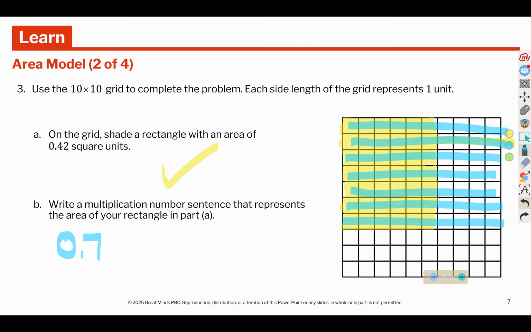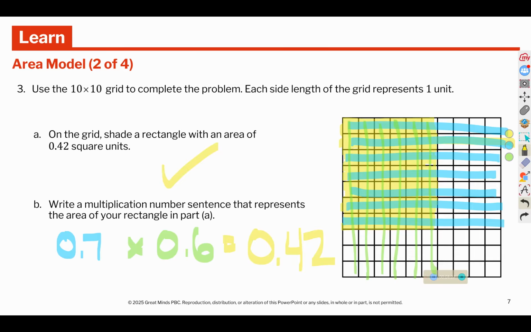So 7/10. And 1, 2, 3, 4, 5, 7 rows and 6 columns, which gives us 42 out of 100.